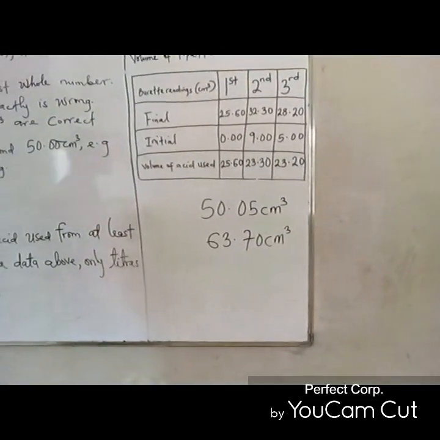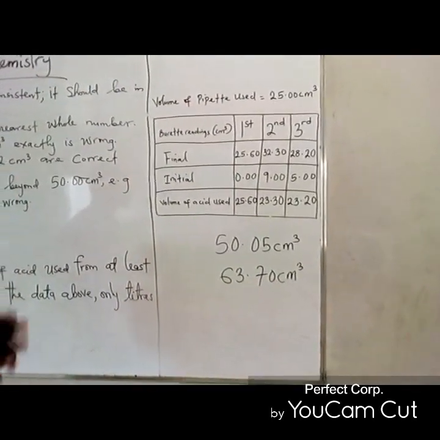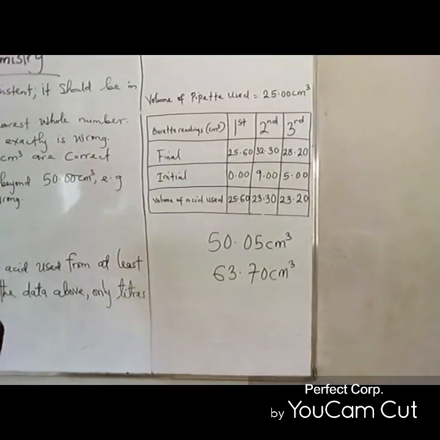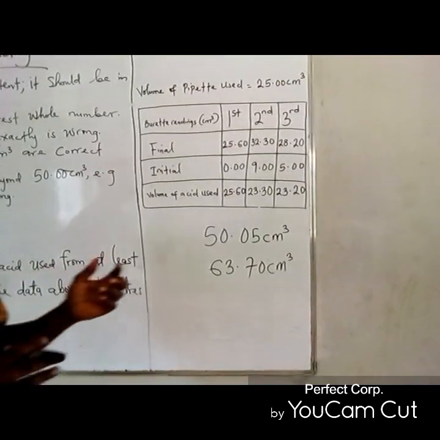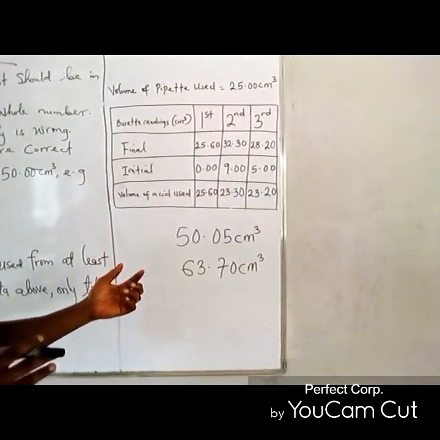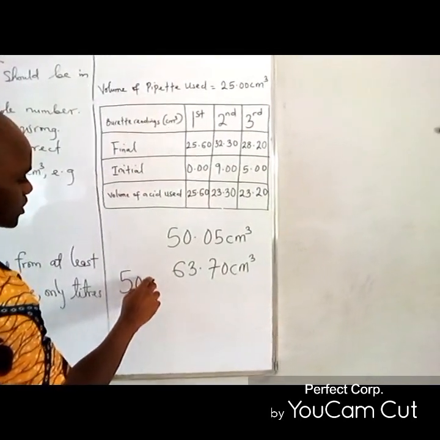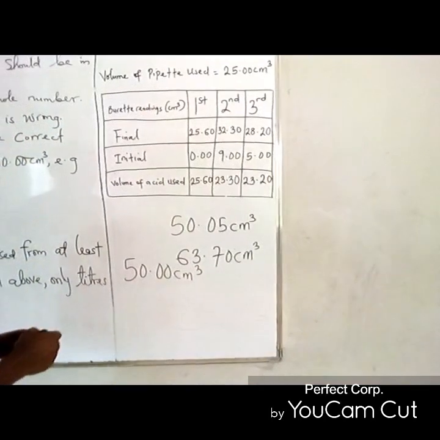In WAEC and NECO, you are going to titrate 3 times. So what I'm saying is, after you have titrated 3 times, if your burette reading is above 50.00 cubic centimeter, it is wrong.